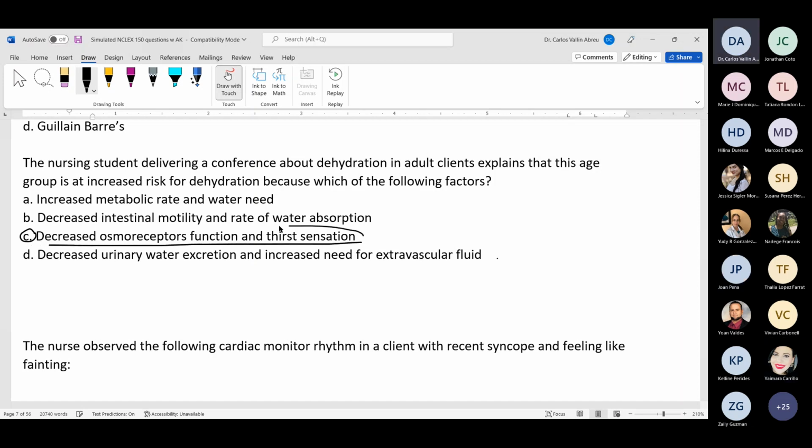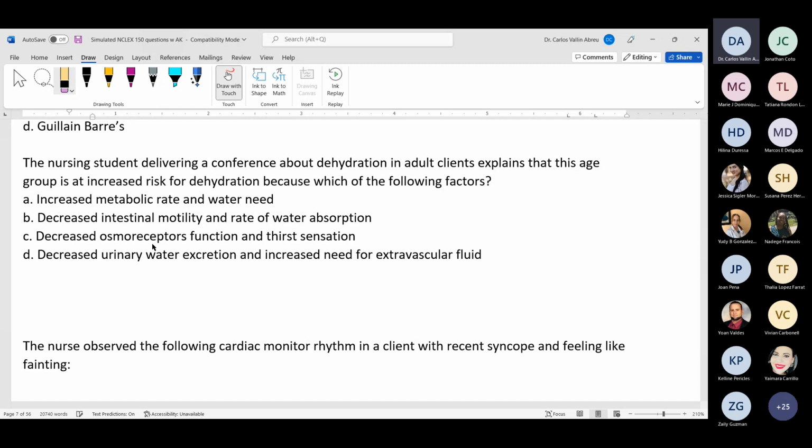We don't feel thirst as when we were younger, and for that reason, when we are dehydrated, we don't drink water. When you are lightly dehydrated, young people immediately have a lot of thirst and start drinking water. But older people can be dehydrated and not yet feel thirst because the osmoreceptors in the hypothalamus are older.